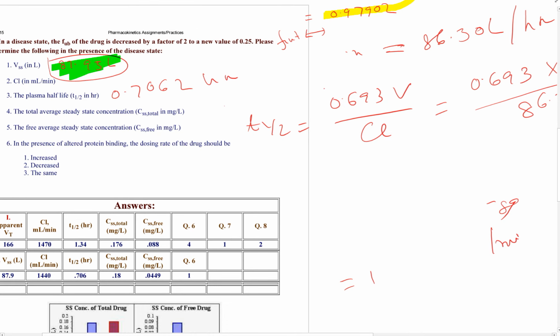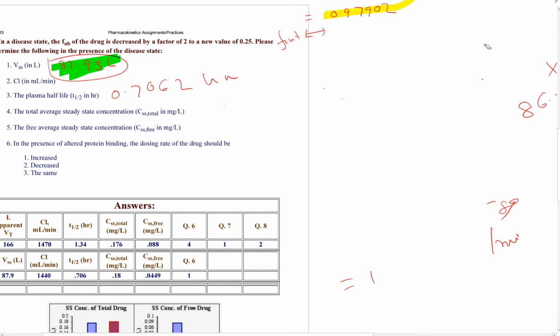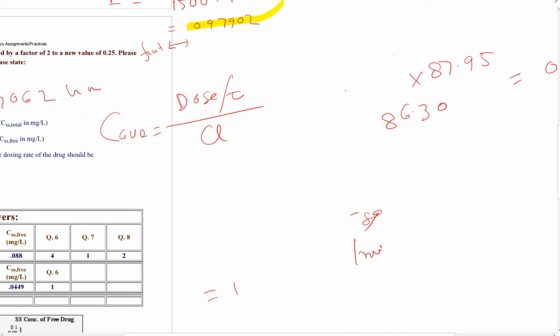Now again, same thing, using this new half-life, we have to calculate steady state. Using new clearance, we have to calculate C average. What is the C average equation? Dose divided by tau divided by CL. When CL changes, things always get complicated.